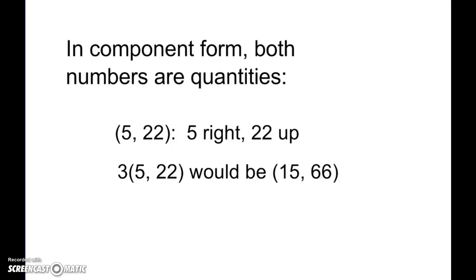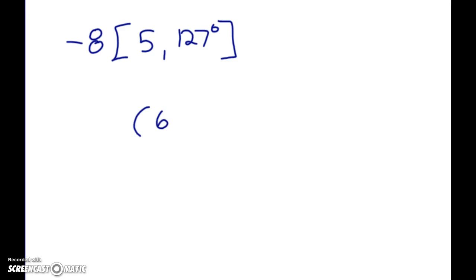I should do a sample problem quick, even though I'm on the clock and only have 15 minutes. Let's see. Do a scalar multiple. Let's do 5 at 127 degrees. And let's multiply that by -8. Well, let's take the component vector 6, 11 and multiply that one by 5.